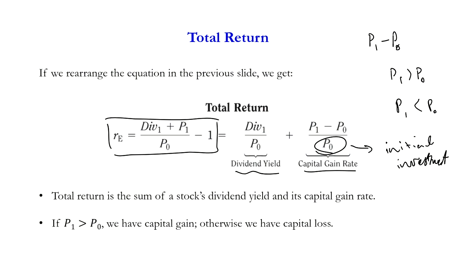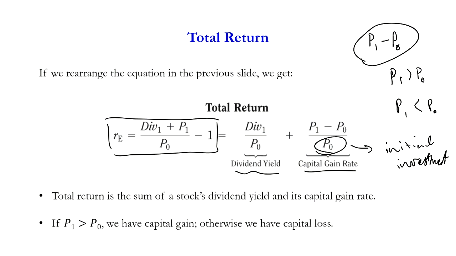P1 minus P0 by itself is called capital gain or capital loss, based on the values of P1 and P0. So the total return is the sum of the dividend yield plus the capital gain rate.